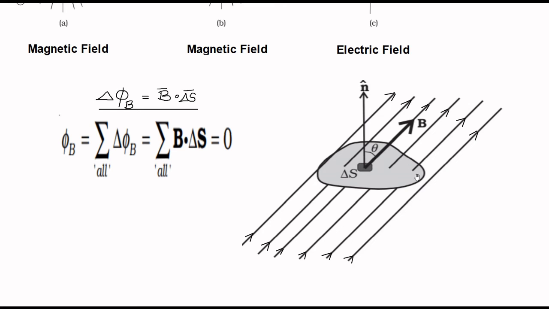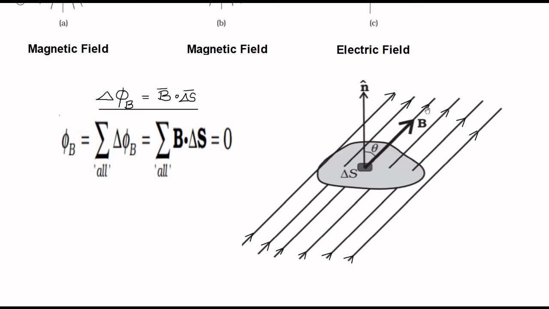We consider a closed surface S which has surface area pointing in the direction N. If it is an irregular surface, we consider elementary segments. One such elementary segment of surface area delta S, for which N represents the area vector. And this area vector is making an angle theta with magnetic field B.